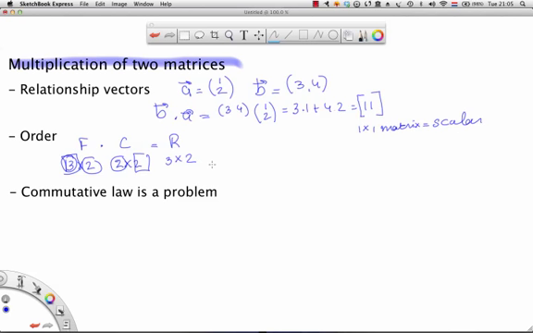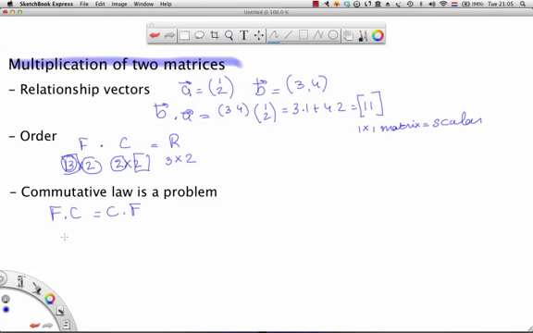Okay, which brings me to my last point, and that's about the commutative law. Would F times C equal C times F? Now there are several things that you could say about this.